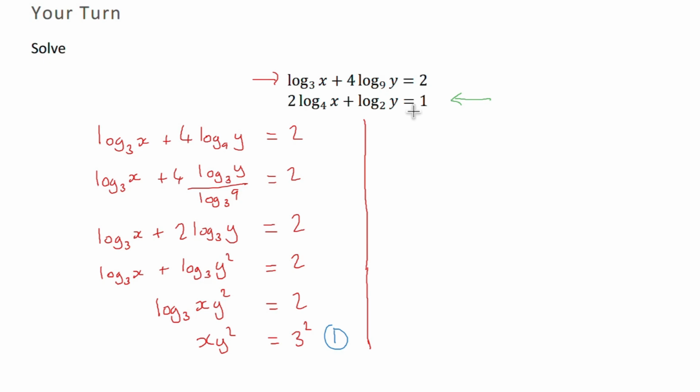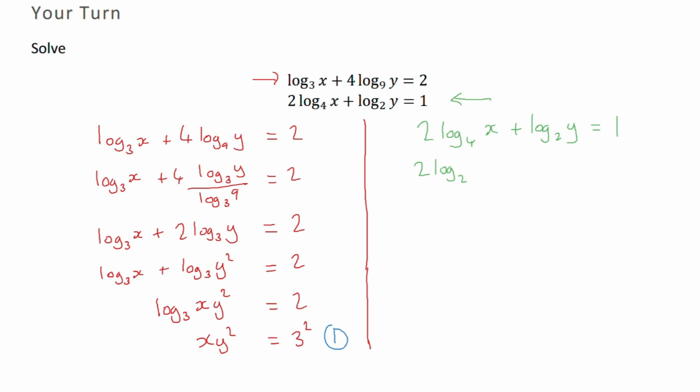Now on this side, I'm going to look at this equation here, and I'm going to do a very similar process. So 2 log base 4 of x plus log base 2 of y is equal to 1. Get the bases the same first of all. So 2 log, and I'm going to change it to base 2 because that's the simpler one.